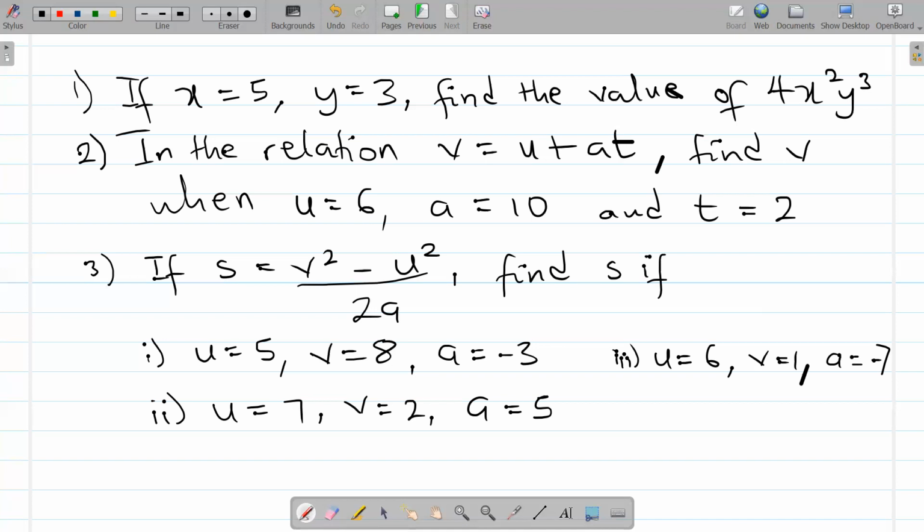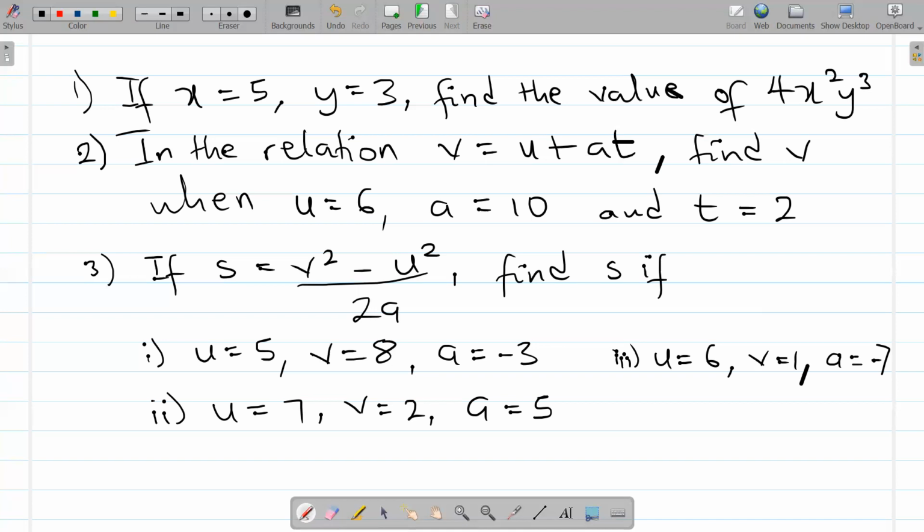If S is equal to V squared minus U squared over 2A, do you have that? If yes, find S if, I, U is equal to 5, V is equal to 8, and A is equal to minus 3.